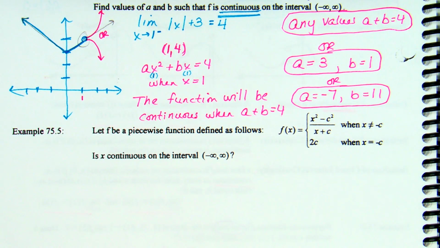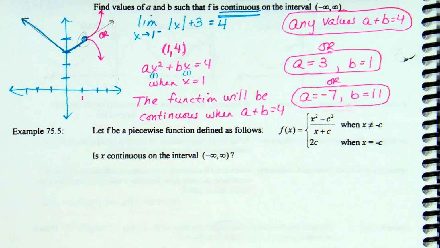So, definition of continuity again. What has to be true? The limit from the left has to equal the limit from the right, and it has to equal the value at that point. Let's look at the piece when x does not equal negative c.